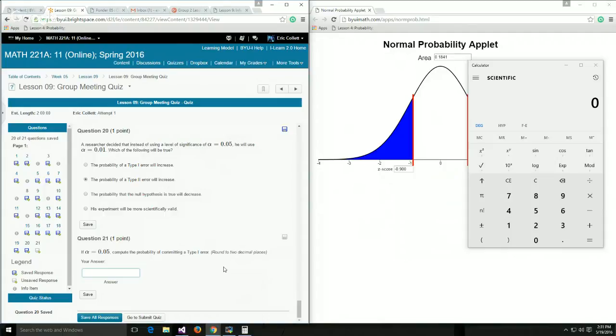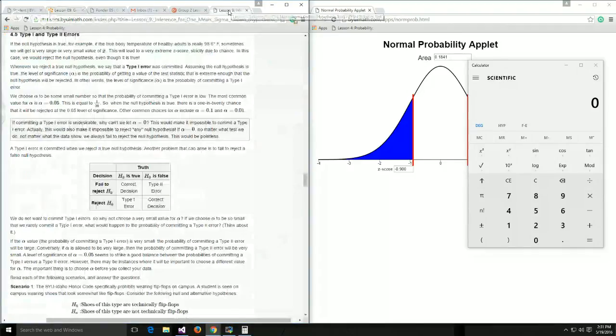What do we put for this one? Isn't that all it is? It's like the same number? I think so. Because it says that that's what it is. Then compute the probability of the computer.